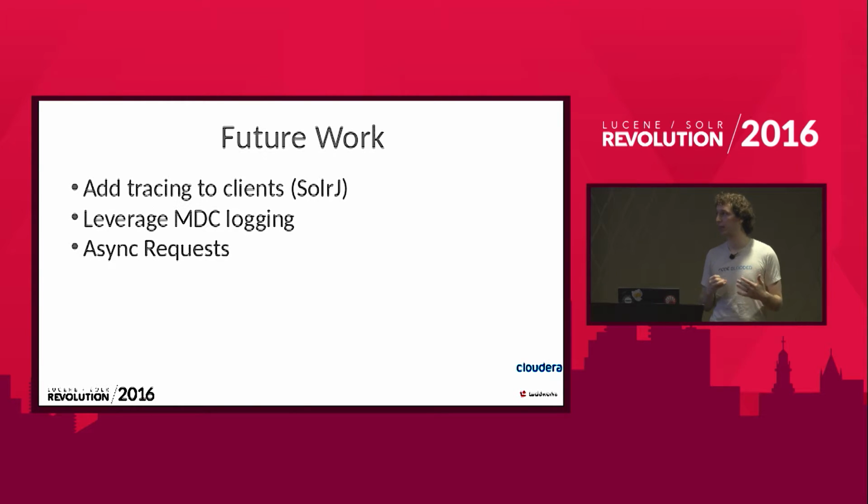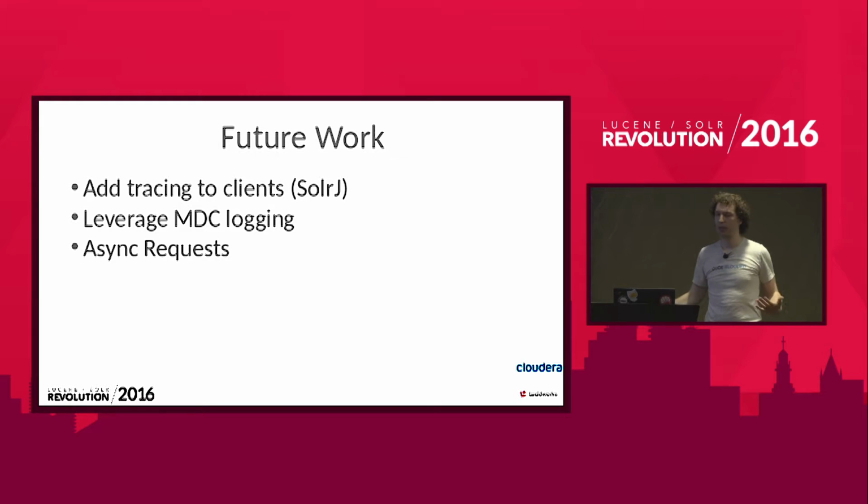I don't know exactly what that looks like, but intuitively it feels like something that should be doable and should have benefits, right? We're looking at a lot of the same things. And then also, async requests are a little bit harder to reason about because you'll have a trace here, and then the asynchronous part is going to be later. It's not going to be an overlapping timeline.